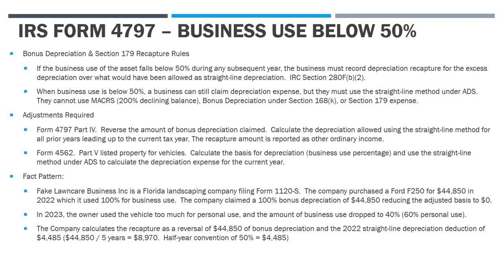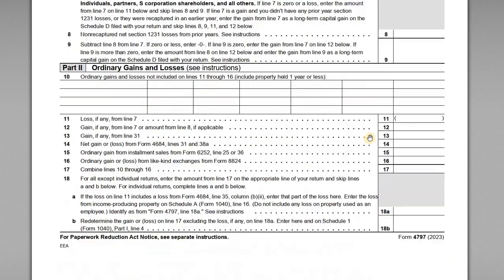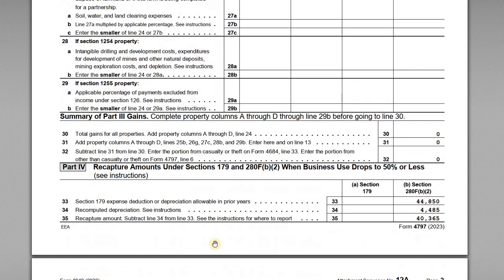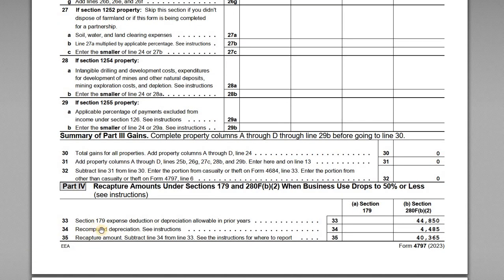Right, and so if we look at the 4797, at the bottom here, we have line 33, where we report either the Section 179 expense or the other depreciation taken in prior years. So we didn't take 179, we took bonus, so we're going to be working with column B. $44,850 was what was claimed in 2022, so we reverse that amount. And then we recalculate the depreciation that would have been allowed using the straight line method in the prior year.